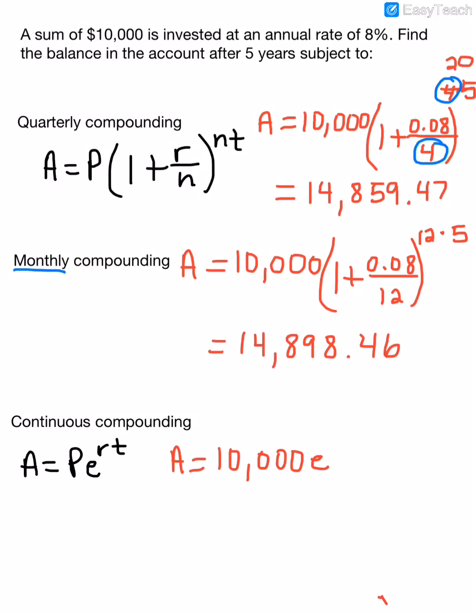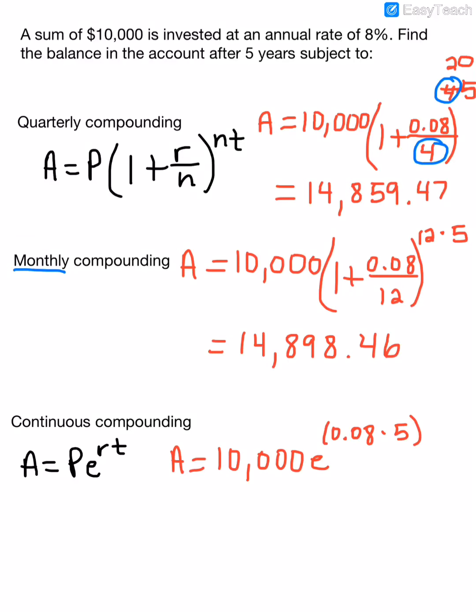We have the number e, and that's raised to the r times t power. Again, r is our rate, and we have to change that to a decimal, so 0.08, times t, which is the time, so it's 5 years. So we're going to multiply that times 5.